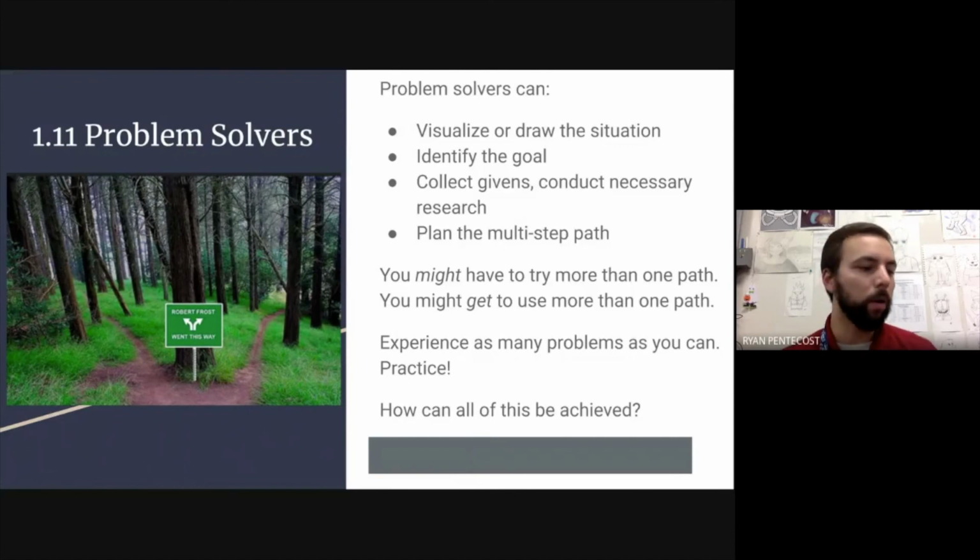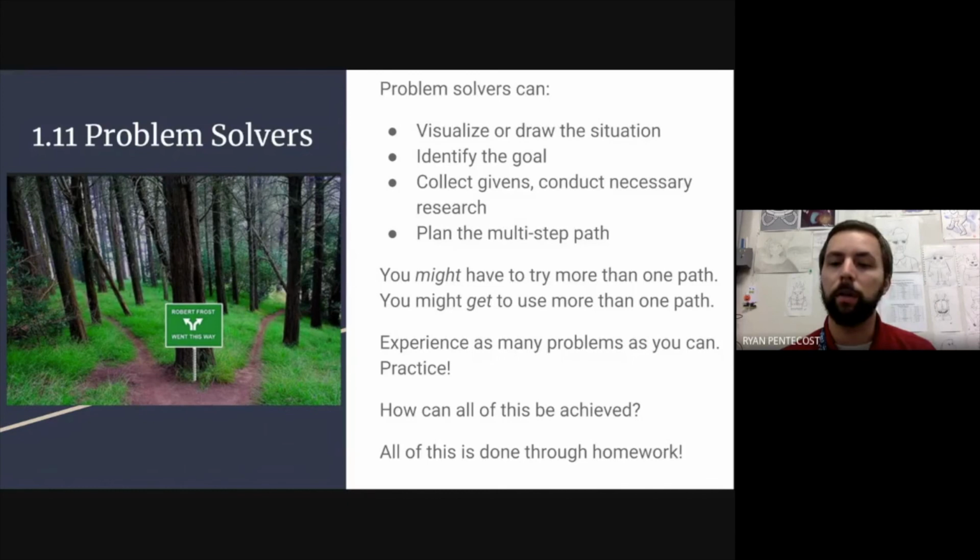And now, how can all of this be achieved? All of this is done in this class through homework, and I say that mostly because homework is really a completion grade. You either did it, you tried it, or you didn't, and you got full credit, half credit, or no credit.